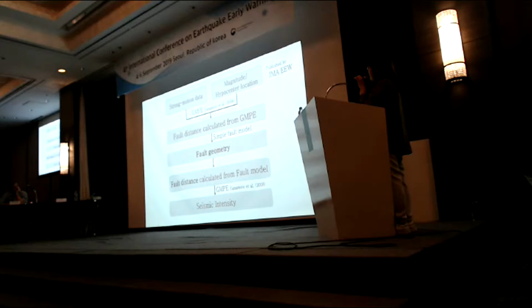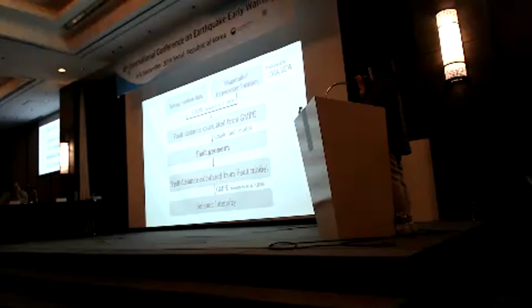And then I want to describe the geometry of the fault using some simple models, and then we can get the observed fault geometry. And with this, we can get the estimated seismic intensity in real time.